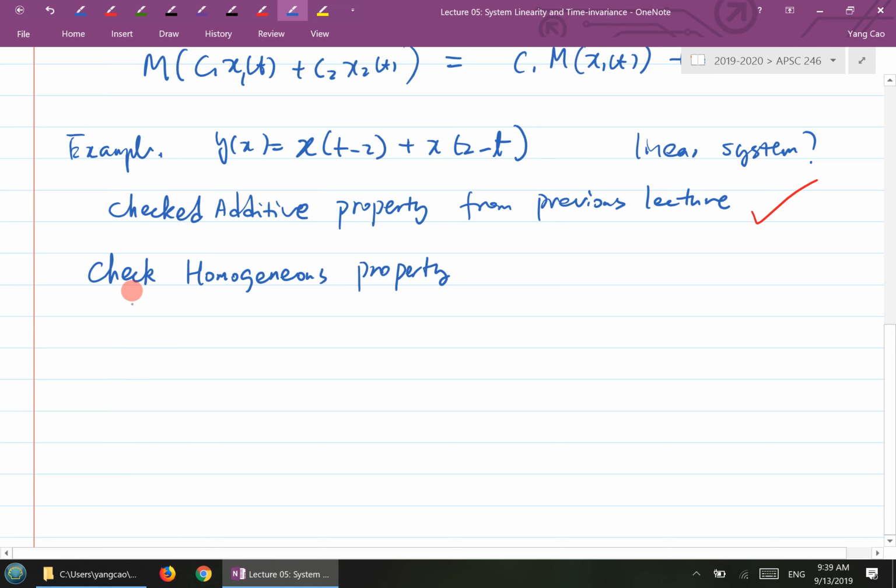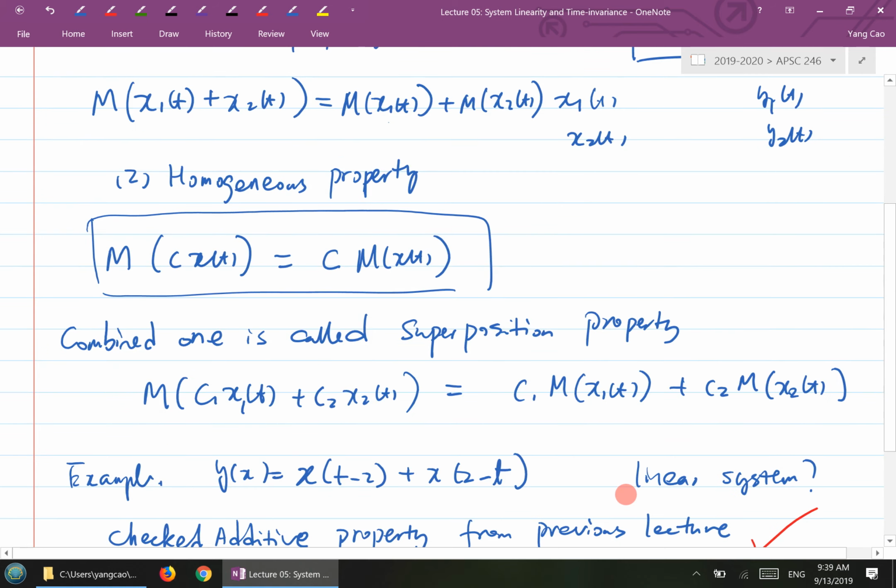First, let's look at M of c times x of t. Essentially, you're changing your input, right? So the original system is this. When your input is x of t, your output is this.